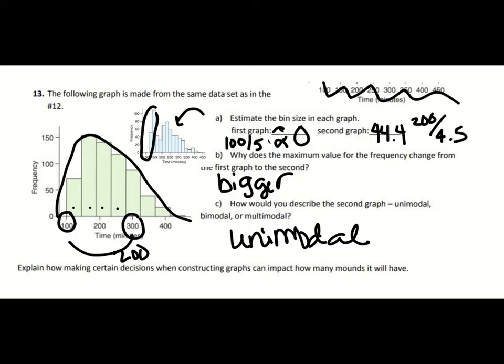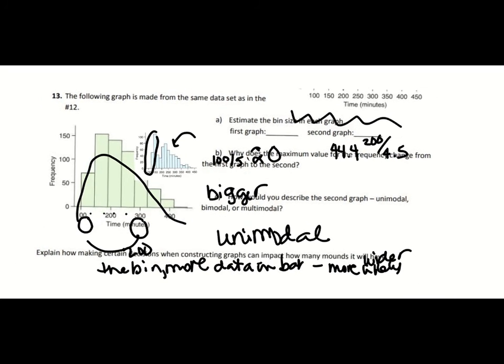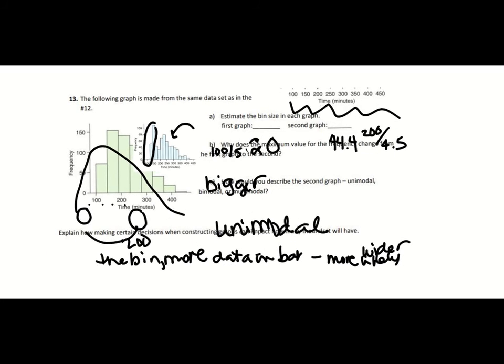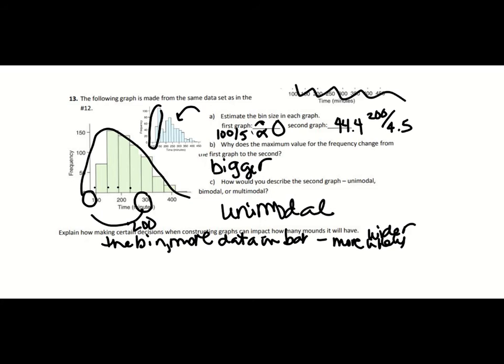Okay, hold on. I might need to squeeze this down. I know this is not going to fit exactly, but the more likely you are to have a unimodal graph.